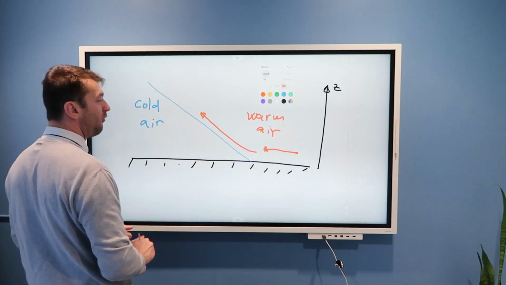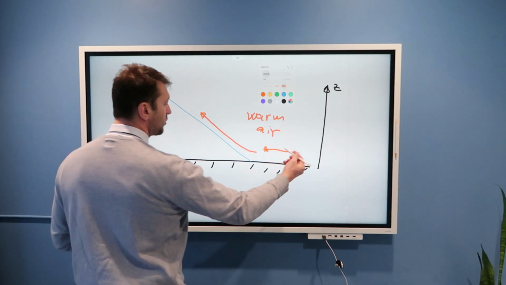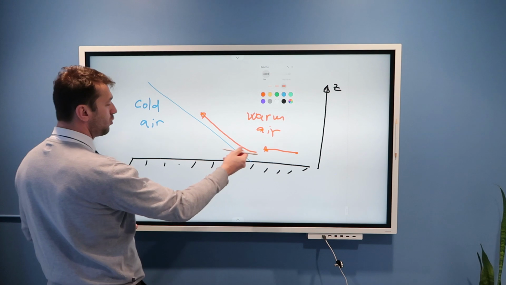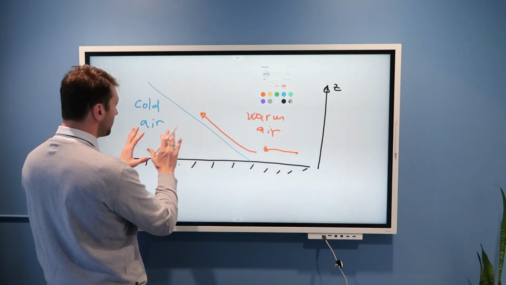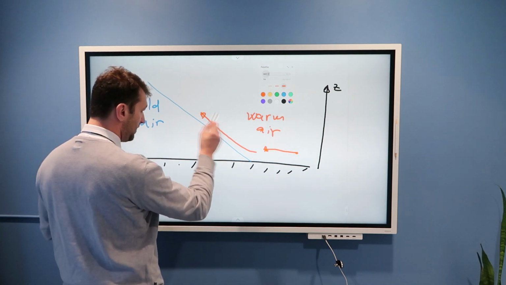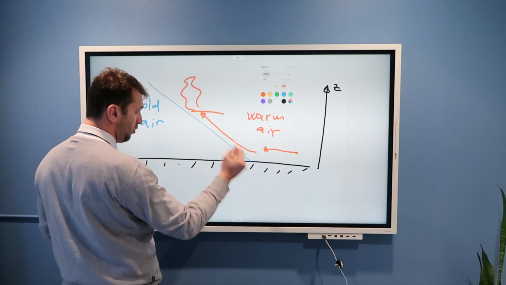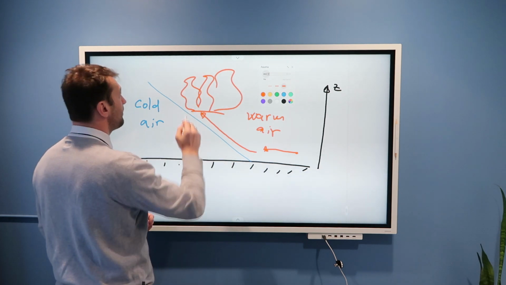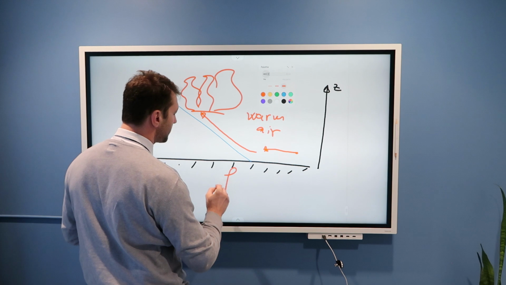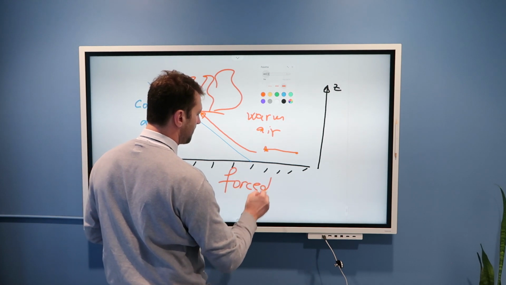But this is also forced convection, because this warm air would continue going horizontally if it wasn't for this cold air. But because cold air is denser, this has to go up against it, and again we might have clouds here, resulting in forced convection.